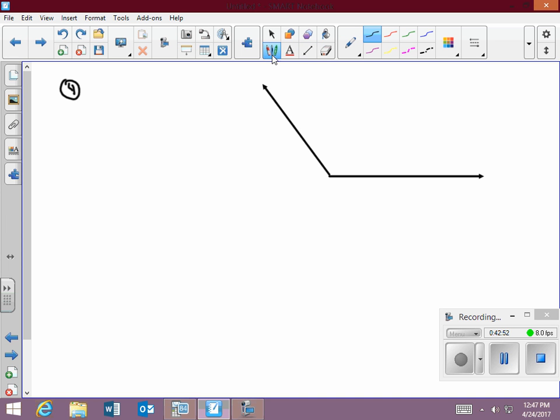What you would do is put the point of your compass right there, and then swing an arc. That looks like it's increasing the arc.